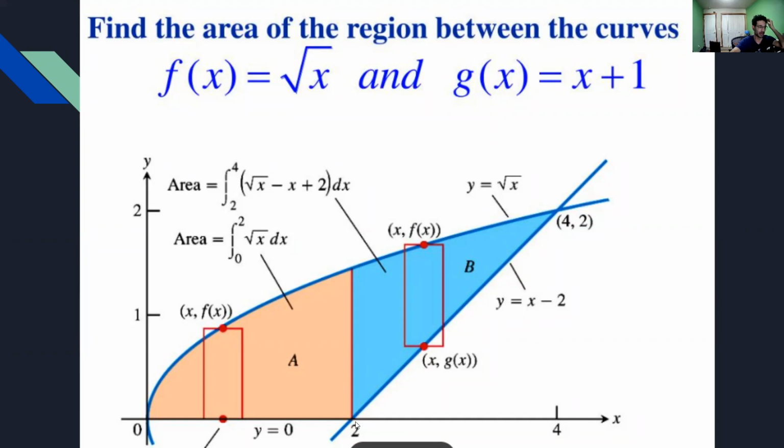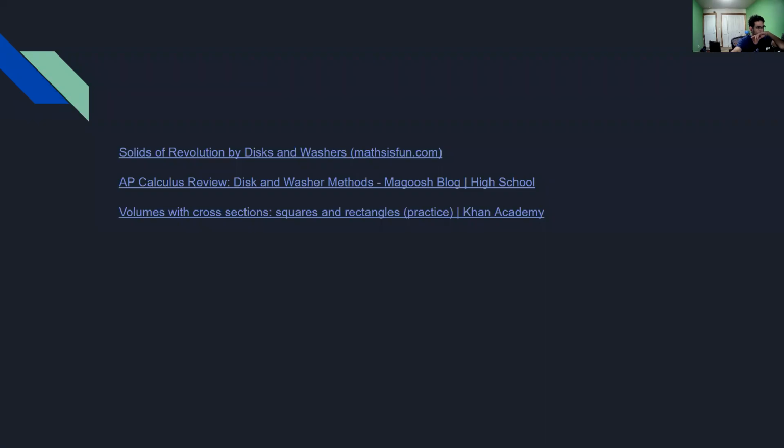From 2 to 4, this is x minus 2, but they're doing subtraction over here, so it'll be negative x plus 2. That's how they figure out B, and then they add those two together and get the area. So pretty self-explanatory stuff.